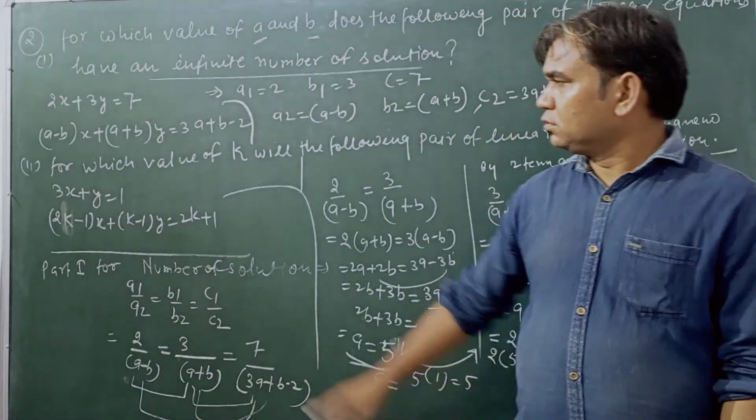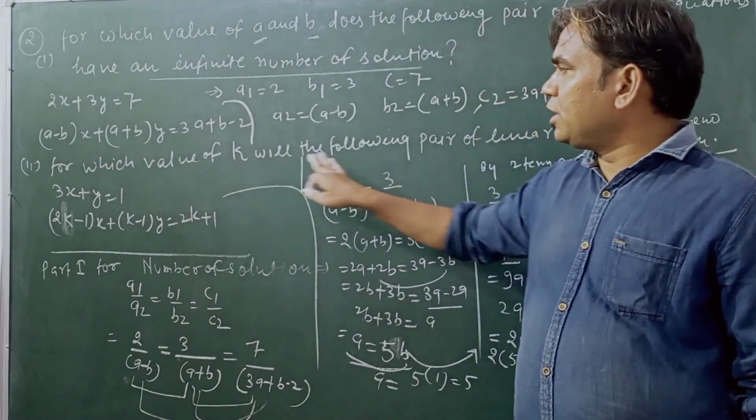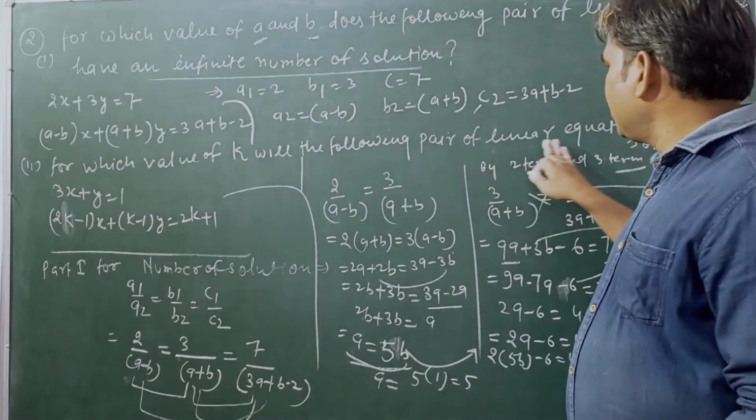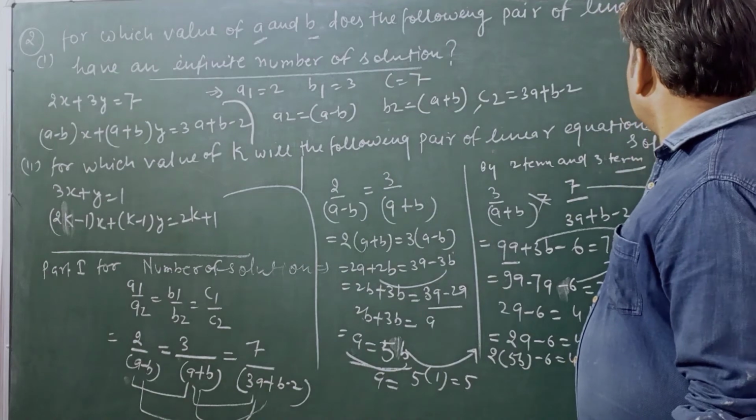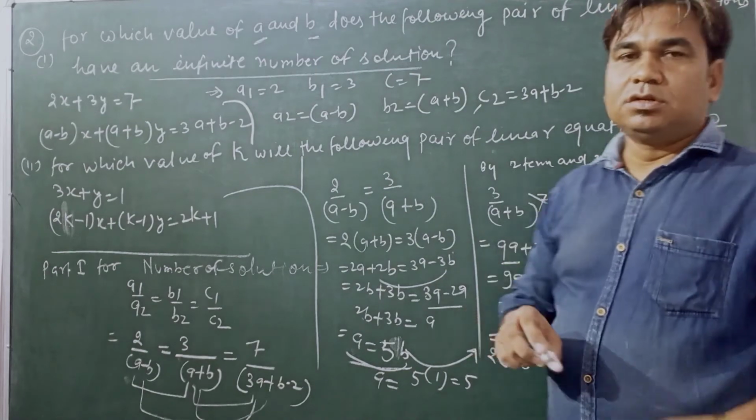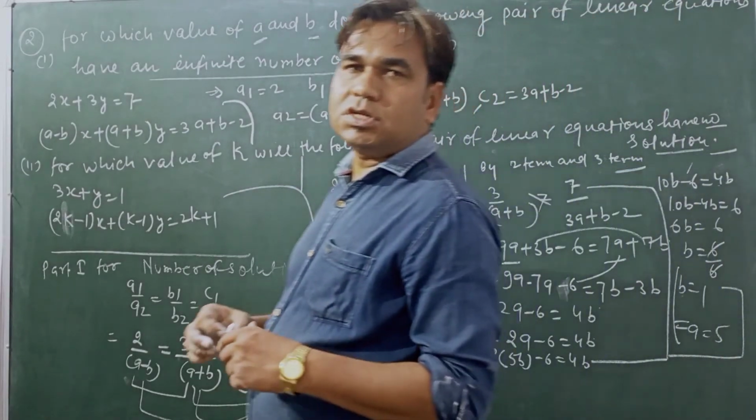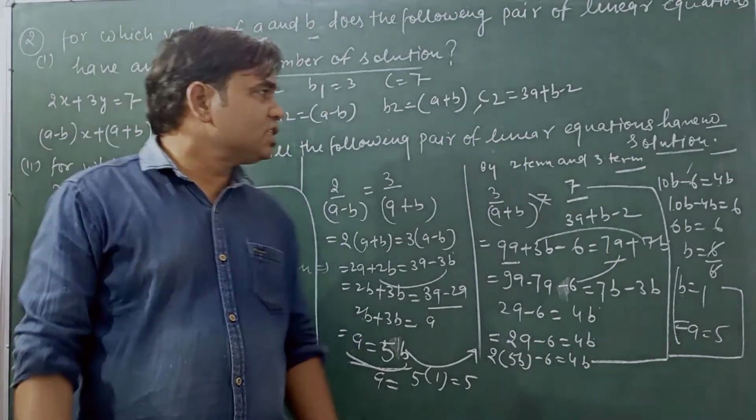For the second part: for which value of k will the following pair of linear equations have no solution? For no solution, students, this is the condition.